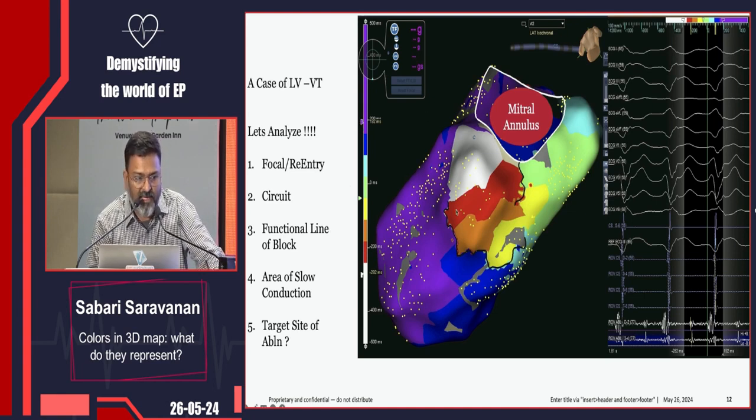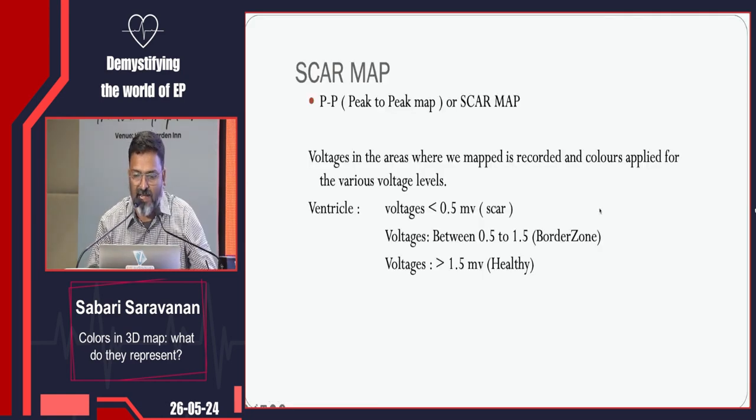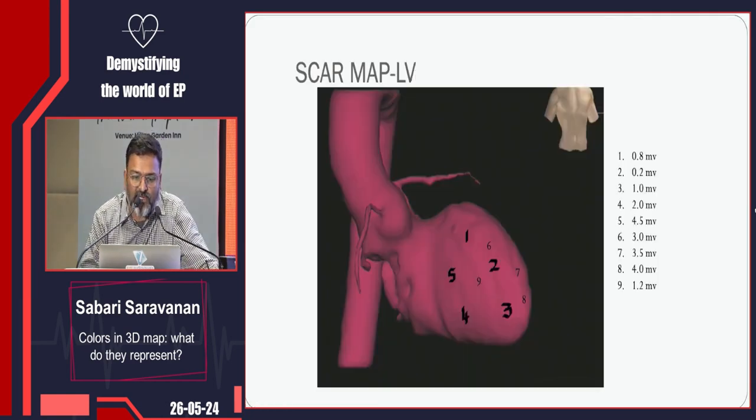So this is one of the cases, and you can analyze first whether it's focal or re-entry. So obviously it is a re-entry. You have a re-entry around this, then you have color crowding over here, and you have a line of block. So now we know that it is going around the mitral annulus in the clockwise direction. And again, quickly moving to the scar map.